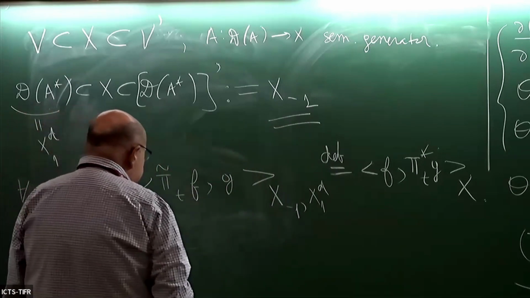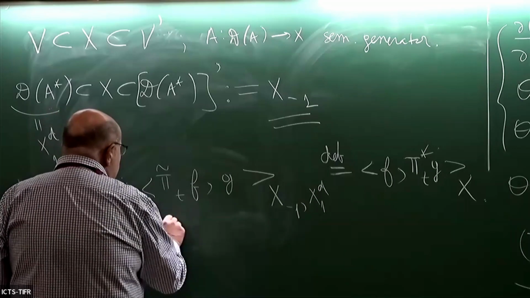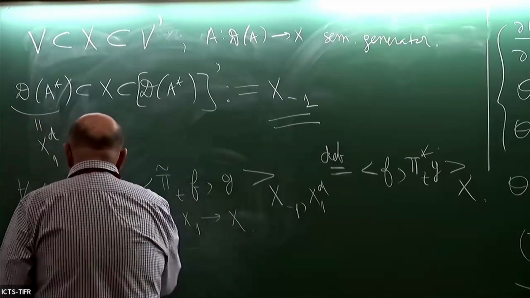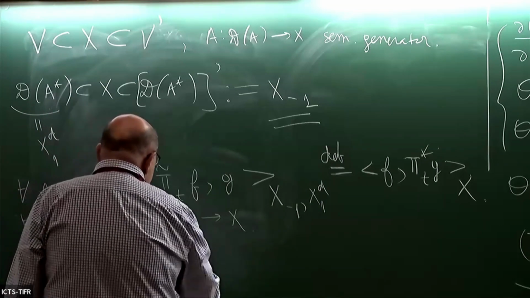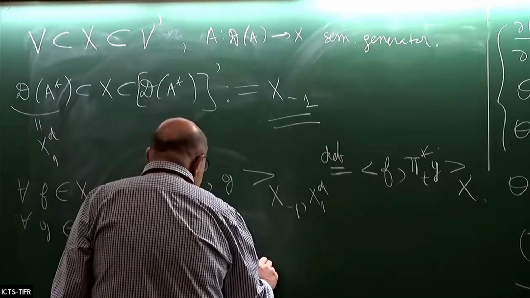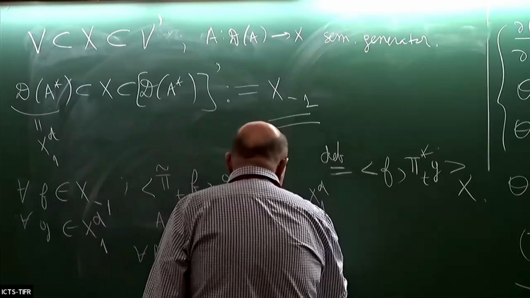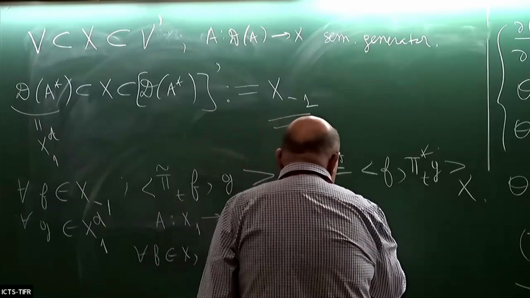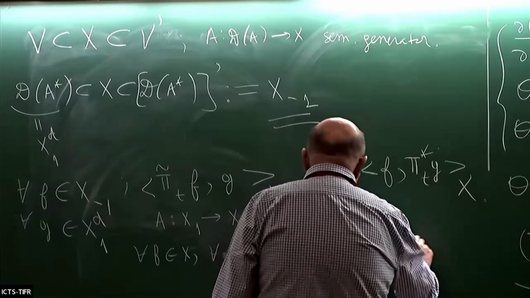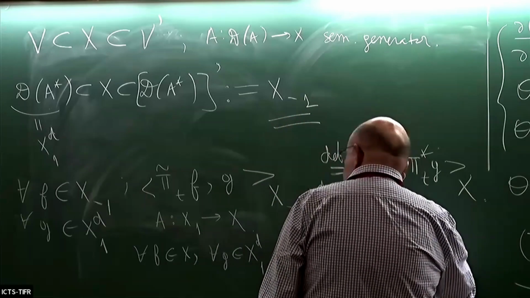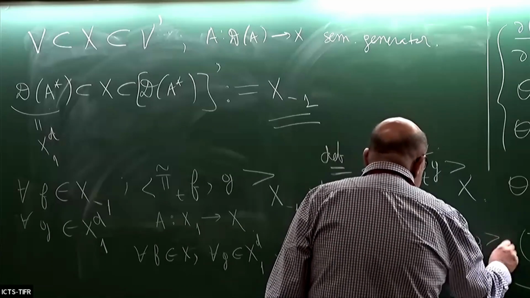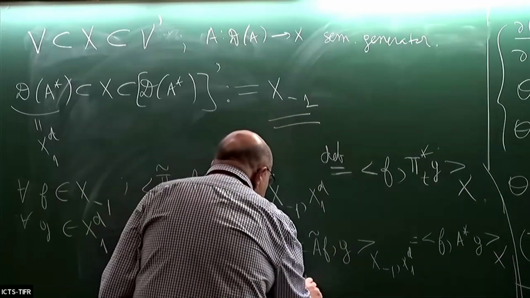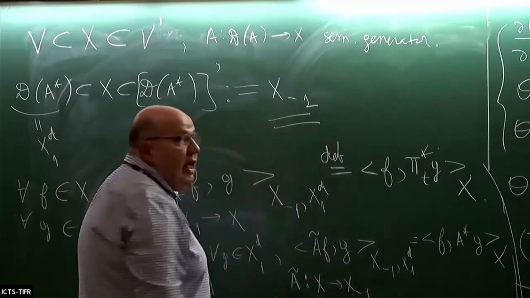And I say a similar formula for A. So a priori A goes from X1 to X. I can define again for every F in X and for every G in X1d that the duality of A tilde F and G, in X minus 1, X1d, will be equal to F, A star G in X. So again, in this way, this extension A tilde is going from X to X minus 1. So I have defined this extension.